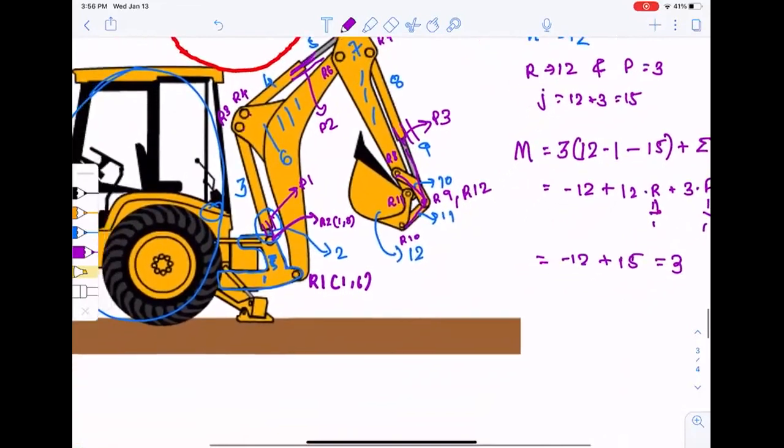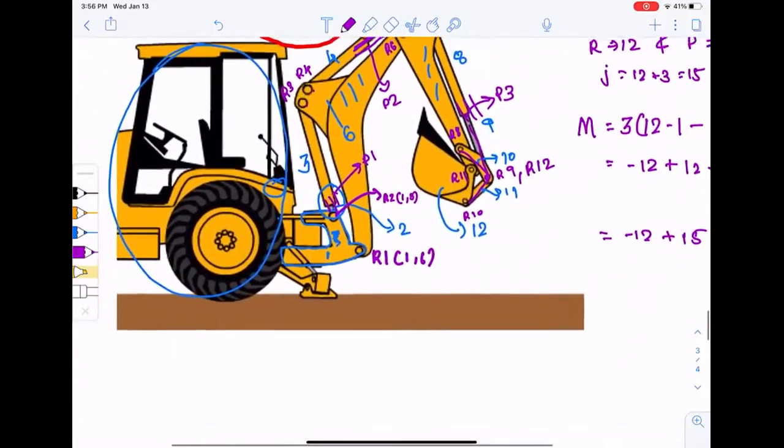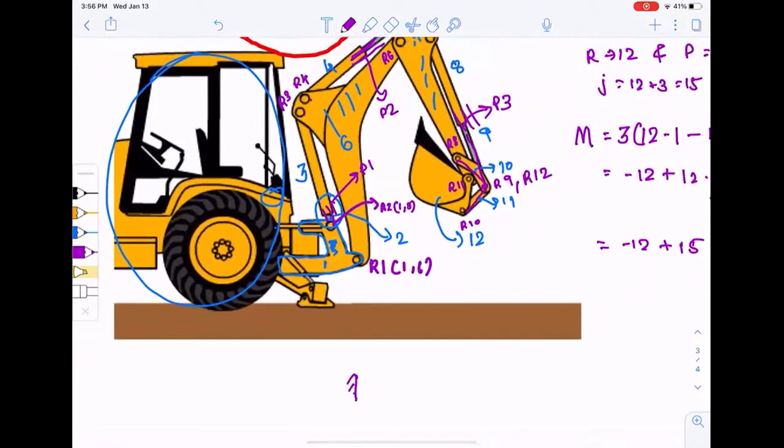And if you want to analyze it a little bit more, we can think of it this way. So let's assume I'm gonna talk about this portion over here. I know the figure is a little messy, but just hang on for a while. So this is my link number 1. This is my link number 2, and that is one prismatic joint. Over here, link number 3, revolute joint, and over here we have our link number 6, which is the whole link.